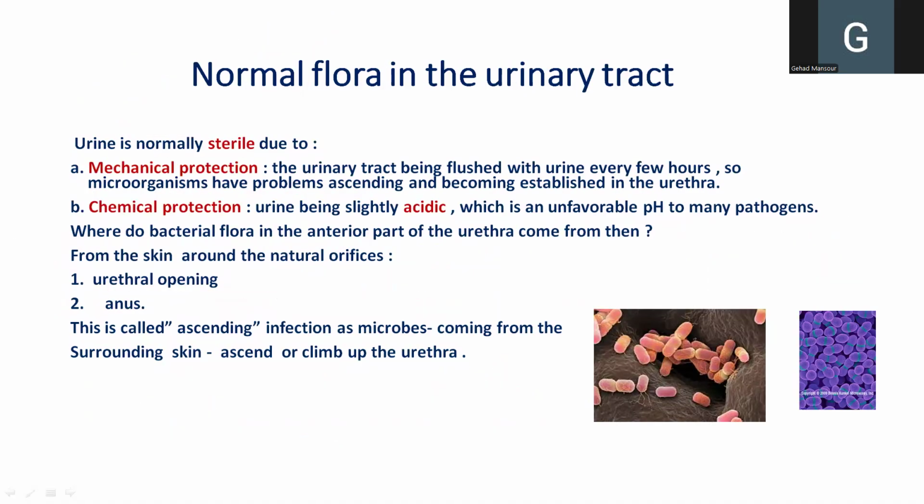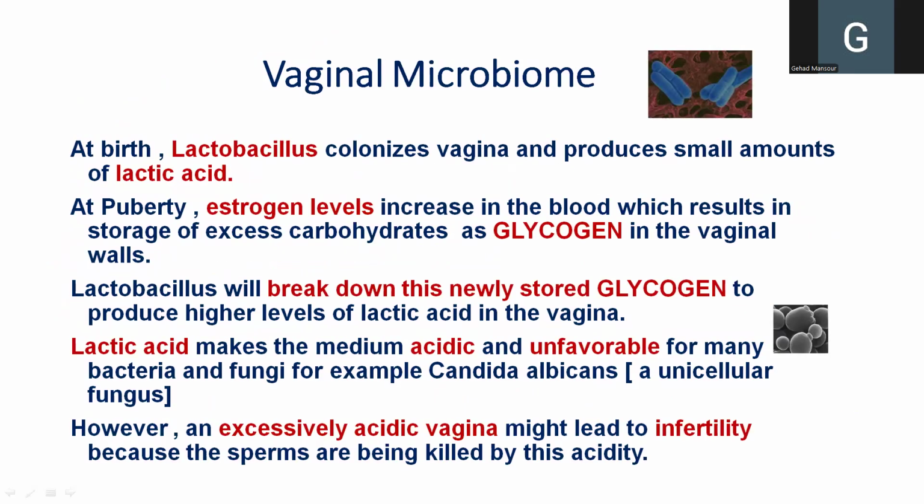We mentioned the protection of the urinary tract in the last video, and we talked about the vaginal microbiome and how the acidity of the vagina is important, because it kills candida or unicellular fungi.